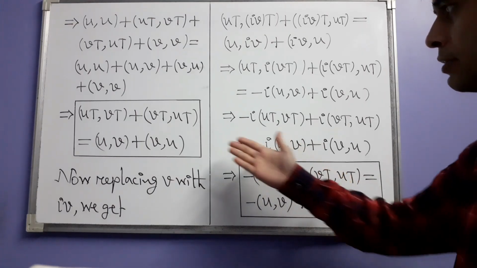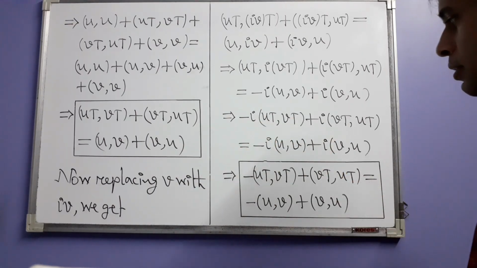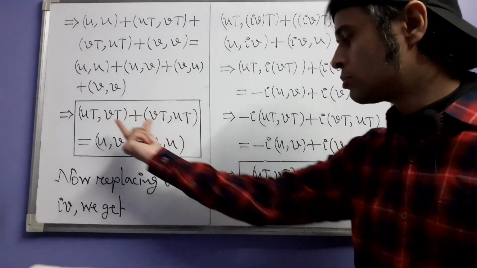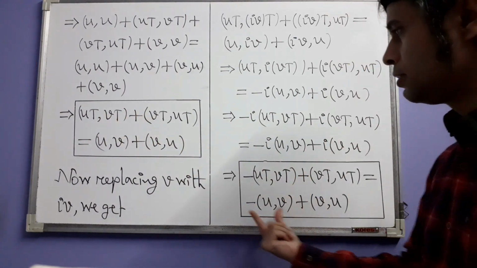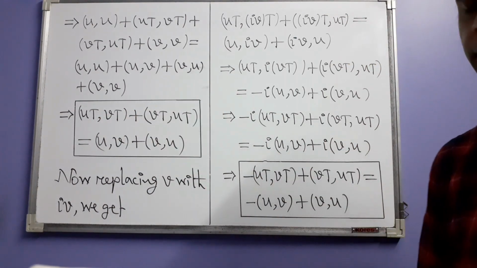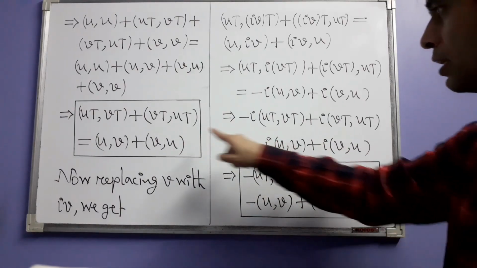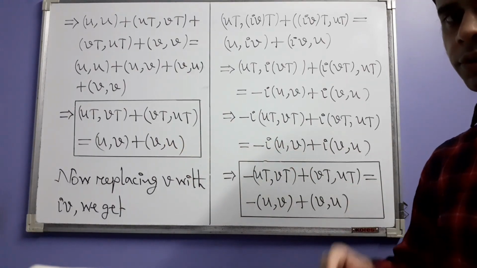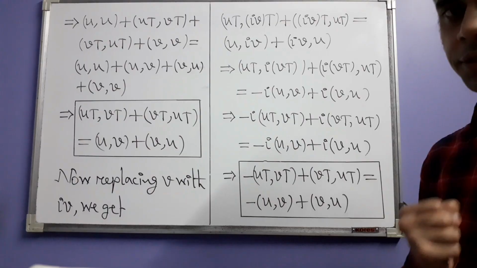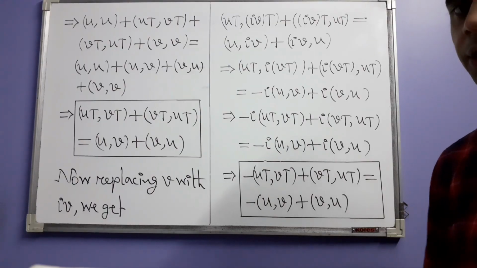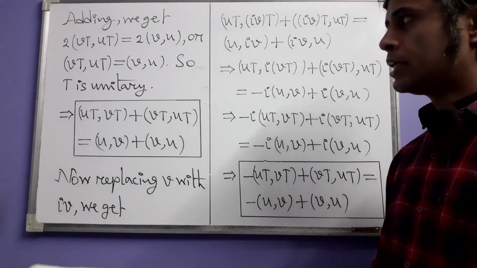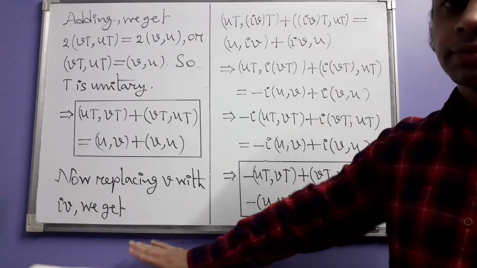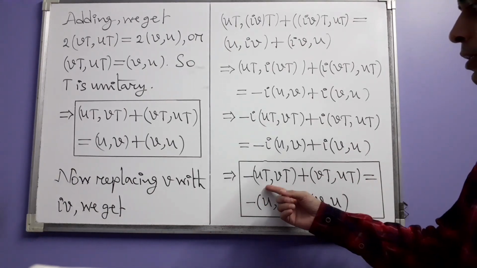Now if we add these two boxed equations, then these two will cancel each other and these two will cancel each other. These are however the same, so twice those quantities will appear, and then let's see what happens. So I decided to keep this part, did not erase it so that you can see.